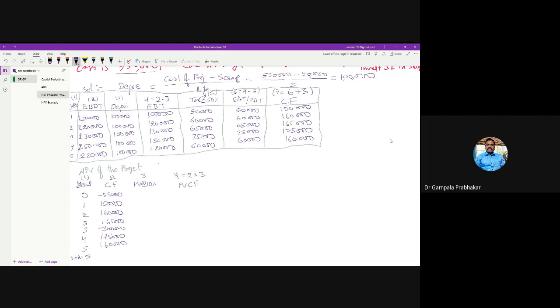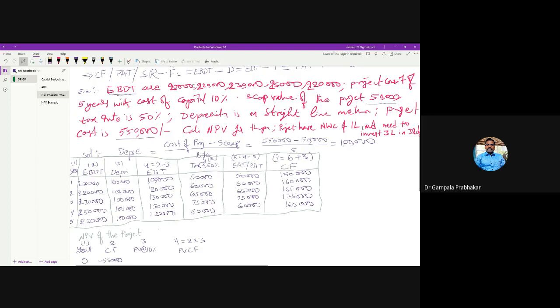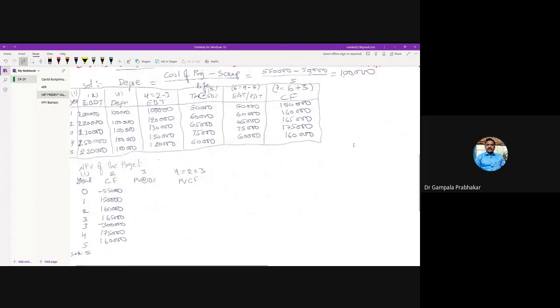So the net working capital is how much they mentioned, 1 lakh, and salvage value is 1,50,000, right? These two, salvage value and net working capital, are there in our project, so we are considering those. So those occur in the fifth year, right?